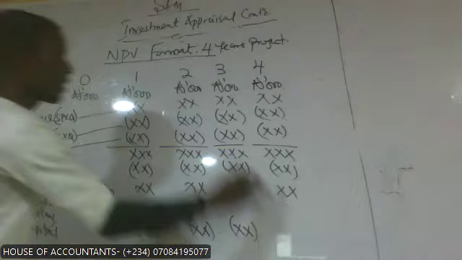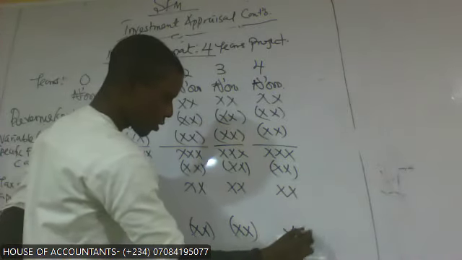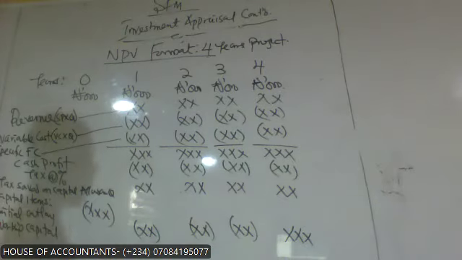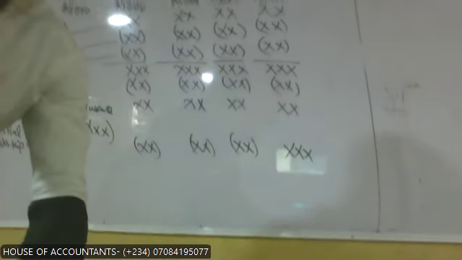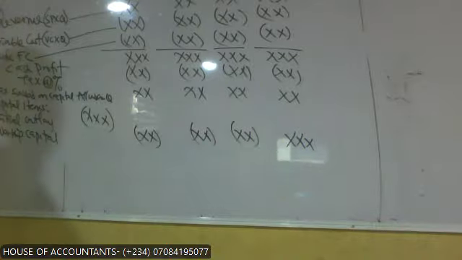So in year 4, what do you do to the working capital? Are you saying that working capital cannot start at year 0?